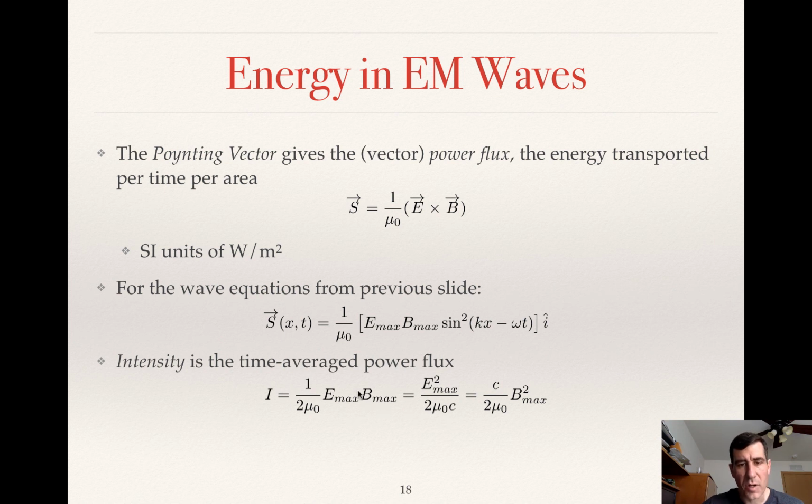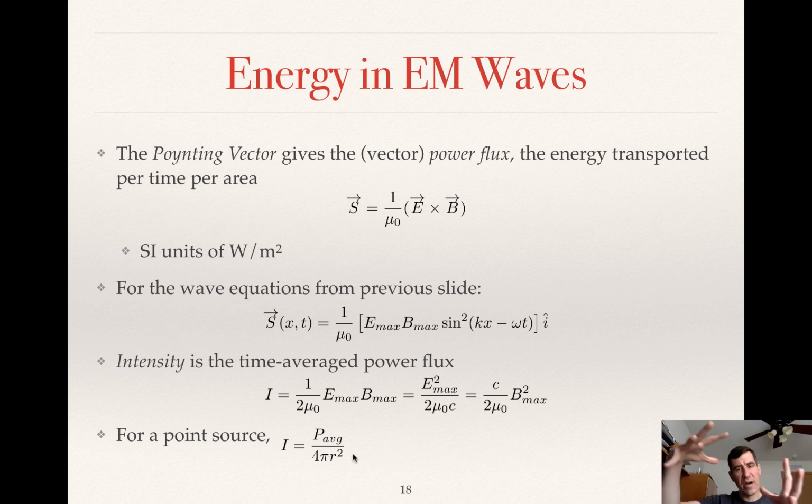Or you can also remember, we also saw that the electric field and the magnetic field were related to each other by the speed of light c, so you could write this in terms of only the electric field or only the magnetic field. And if you have a point source, so let's say you have some point source of electromagnetic waves and then it spreads out in all directions, then the intensity is the average power emitted by the source divided by, and it's sort of spreading out in a sphere, and the surface area of a sphere is 4 pi r squared. So that's where this term comes from.